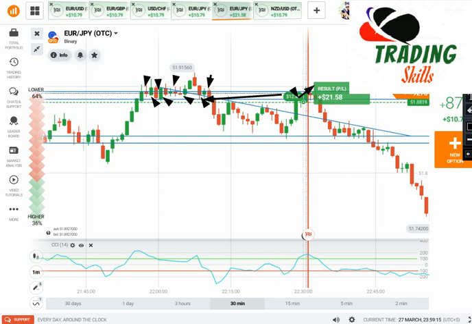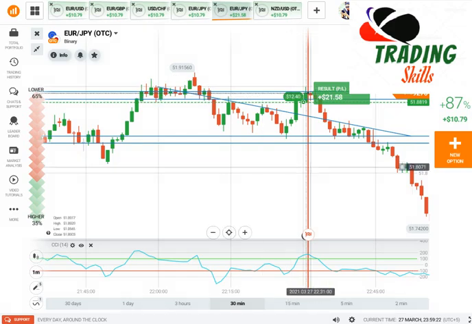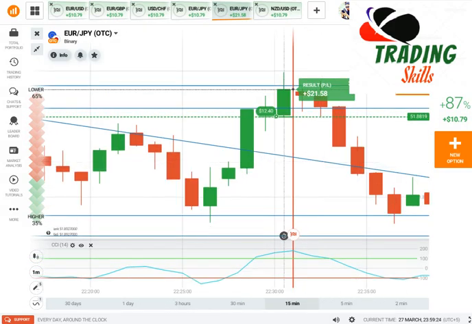So this whole area is a strong SNR. When this candle closed, you can see there is a big gap. There is such a big gap to the level. With this continuation sign I took my trade, and the next candle went up.